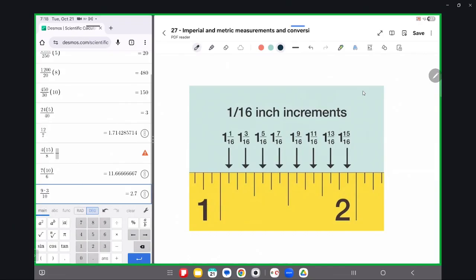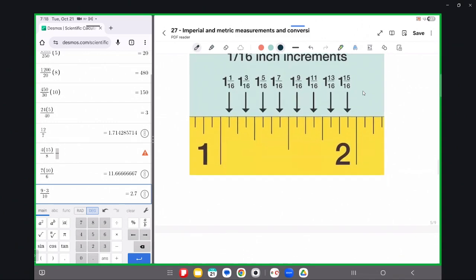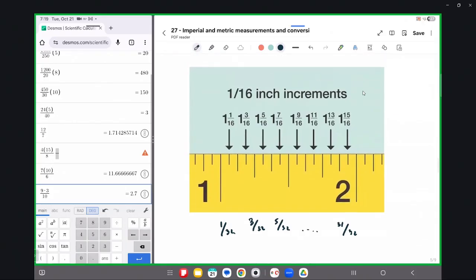We just increase by an odd number all the way up to 15/16, and that's the end of it. Now, you might be thinking, if we reduce down, would that mean we would start with 1/32 and then go 3/32, 5/32, and so forth, all the way up to 31/32? That's absolutely correct, because of how we want to reduce down these fractions.